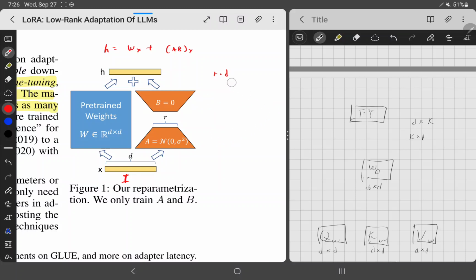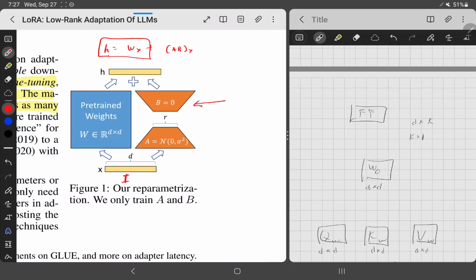Now, to make sure that this information starts out the same, they make B equal to 0. So that means H is equal to WX on initialization. Since B is equal to 0, you're not adding this new information. And you may think that if you look at the gradients, if you make it 0, all the way to 0, then they'll end up being the same.